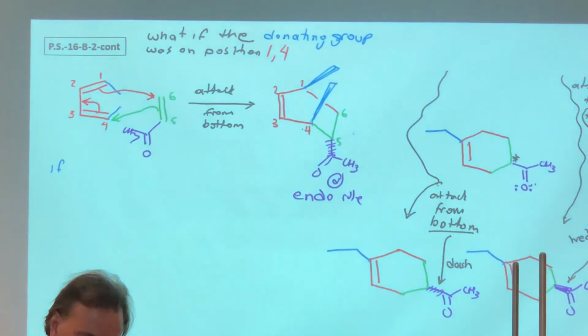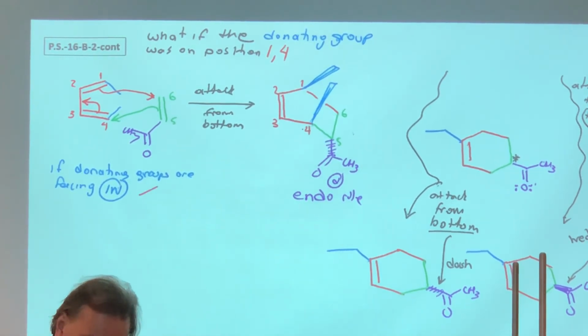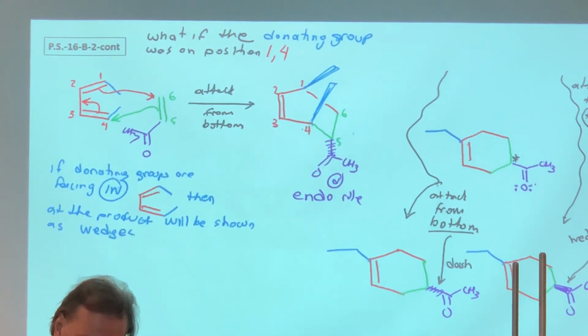So to make a long story short, here's the thing. If donating groups are facing in, meaning this, then the product will be shown as what? As wedges. Okay? If the ring will be shown as wedges.